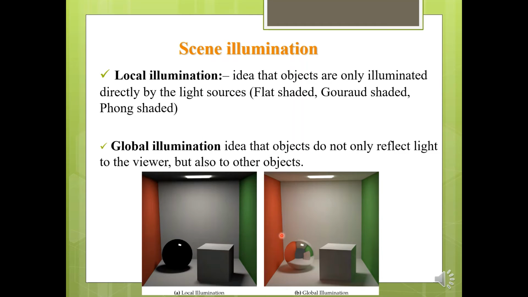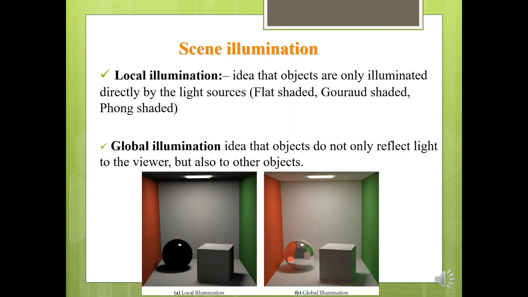If you look at these two figures here, on my left hand side is the local illumination. Here the ball is only illuminated directly by the light source. Here is the light source, so this ball is just directly illuminated by it. On your right hand side, the next figure refers to global illumination, because this ball not only reflects light to the viewer but also to other objects.